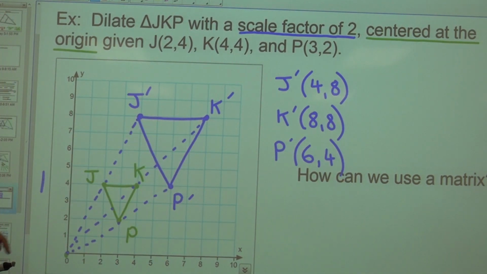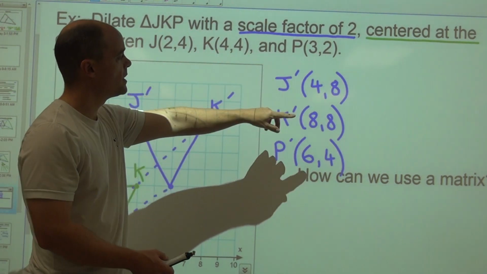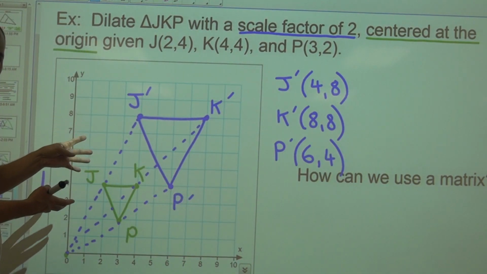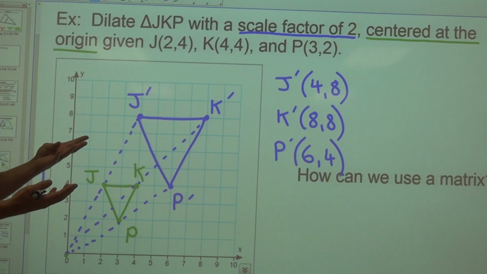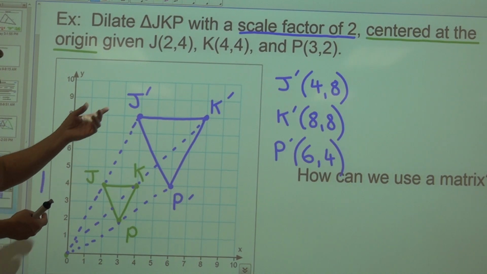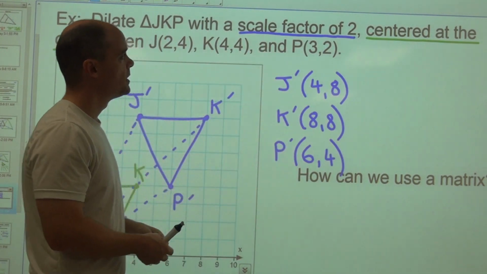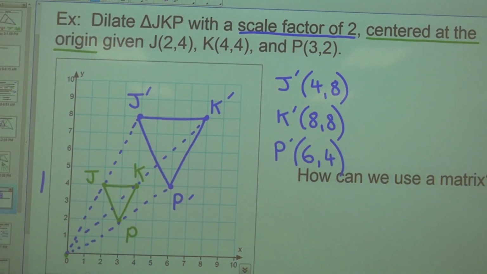All we would need to do is multiply these by 2, and we could go back and graph later. You don't even need to understand the concept anymore, because it's a shortcut. Multiply by 2. So you can take this, multiply by 2, multiply by 2, multiply by 2, and we are finished. But we're not finished.